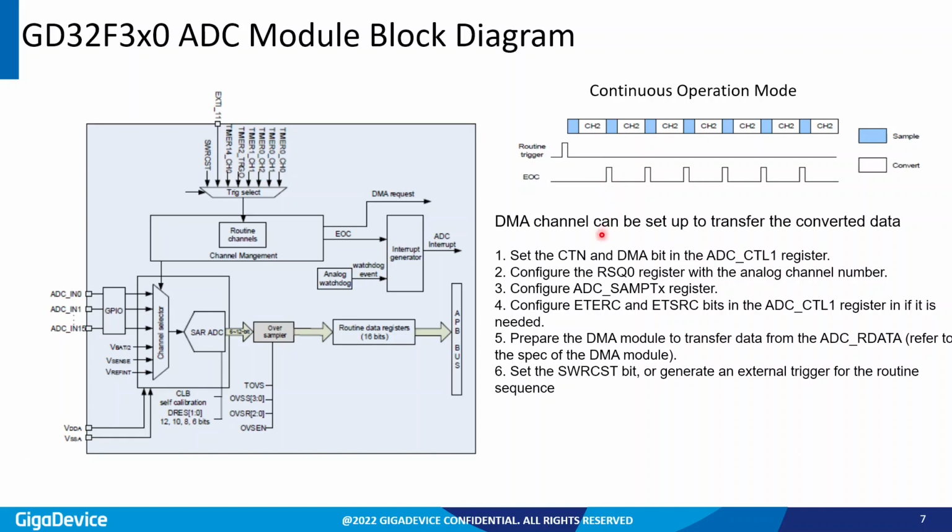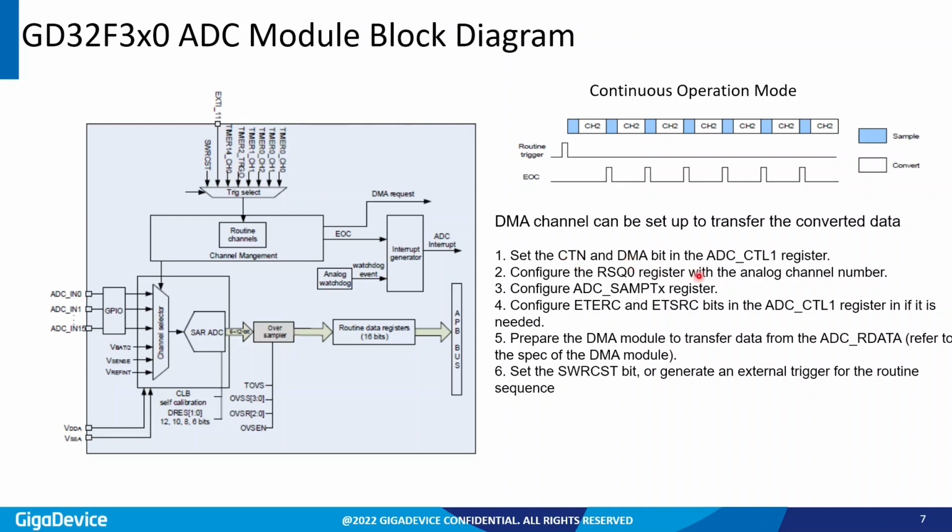In this continuous operation mode, we're going to use a DMA channel to transfer the converted data. There's a set of steps included to do that. There is ADC control register 1, and there are 2 bits in there: a continuous mode bit that needs to be set and a DMA bit.